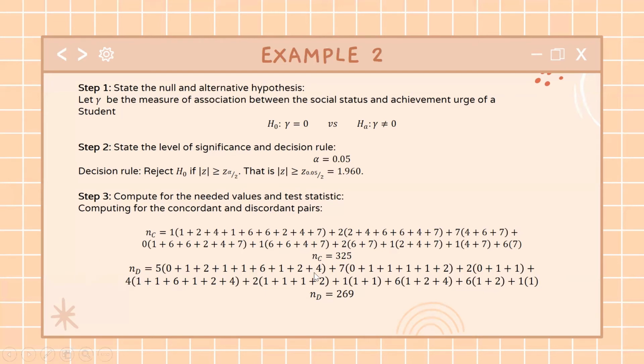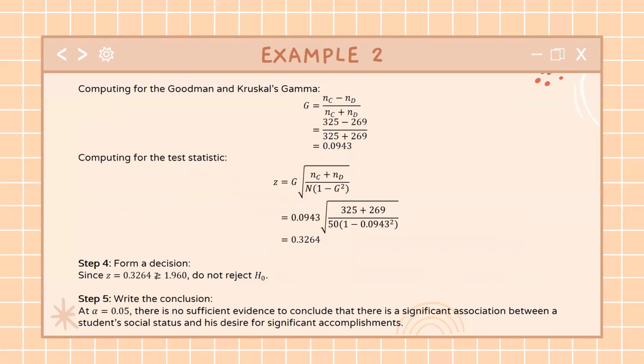So we went through those frequencies one by one, and we disregarded the first column and last row since for these frequencies, there are no frequencies below and to the left of them. So what we got is n sub c equals 325 and n sub d equals 269. These values will be needed in computing the test statistic.